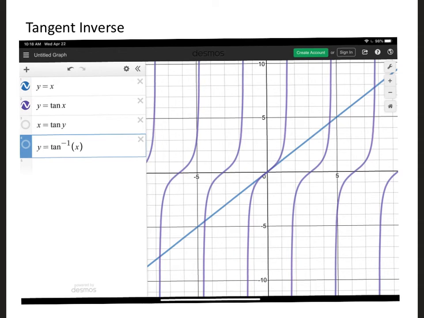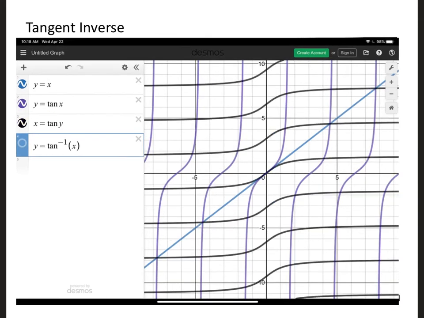I'm now going to graph the tangent inverse equation where I switch the x and the y. And if I'm being honest, this is kind of a mess, but all this is is that I have reflected the purple tangent graph to create the tangent inverse graph, and it is a reflection across the line y equals x.